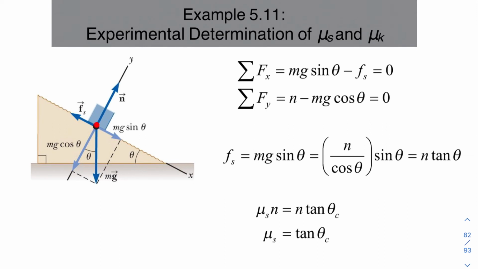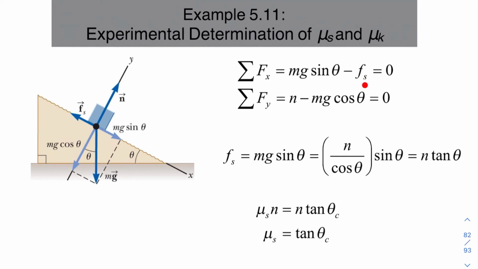So it's positive, plus, but negative of fs. Why is it s? Because still the object is not in motion, so it's still static frictional force. Right, then along y, we have normal minus mg cos theta, which is also equivalent to 0 because there is no motion along y as well.